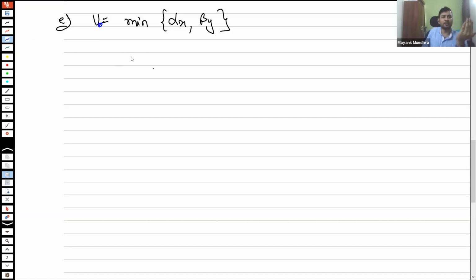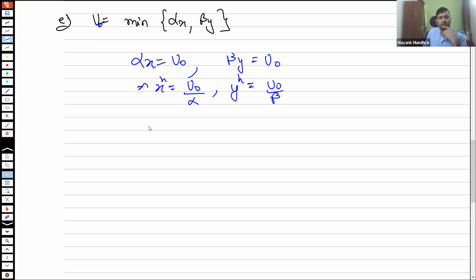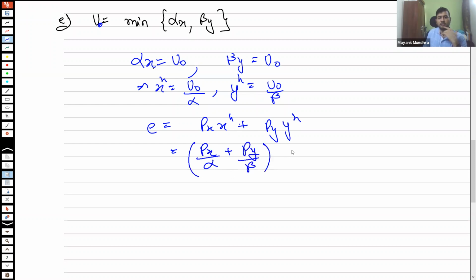If you want utility level u naught, then what you need is alpha x must be equal to u naught and beta y must also be equal to u naught, which implies xh equals u naught by alpha and yh equals u naught by beta. So the final expenditure function is px xh plus py yh, which is going to be equal to (px by alpha plus py by beta) times u naught. So this is your expenditure function.